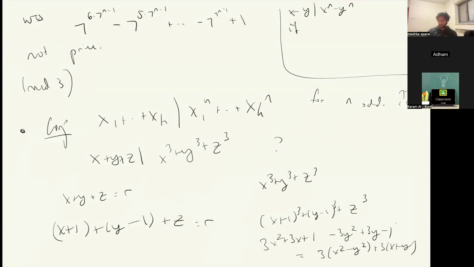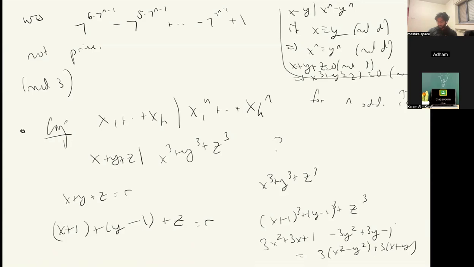You can show that if x is congruent to y mod d, then x to the n is congruent to y to the n mod d. Does that make sense? Yes. And you can also do it for x plus y dividing x to the n plus y to the n, because if you have x is congruent to minus y and n is odd, then x to the n is congruent to negative y to the n. But I don't see a reason why, if x plus y plus z is congruent to 0 mod d, I would show that, for example, x cubed plus y cubed plus z cubed is congruent to 0 mod d.